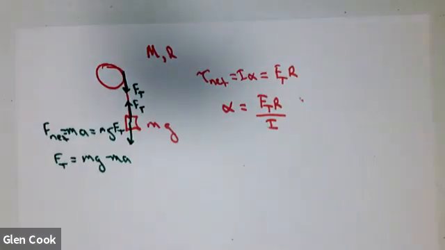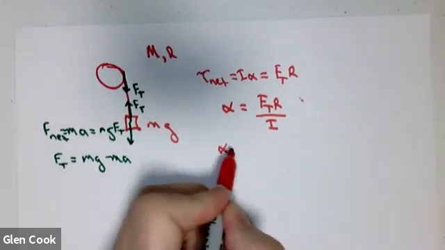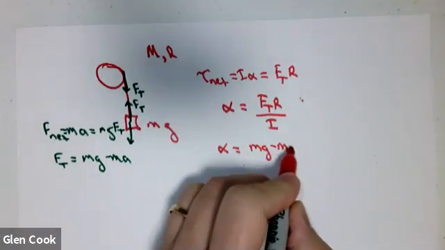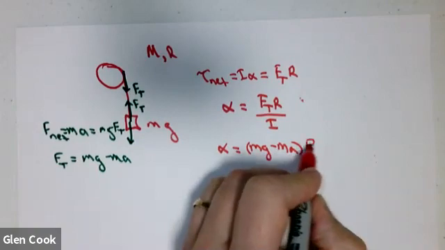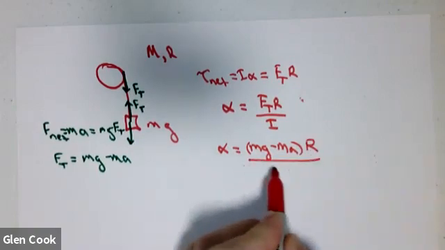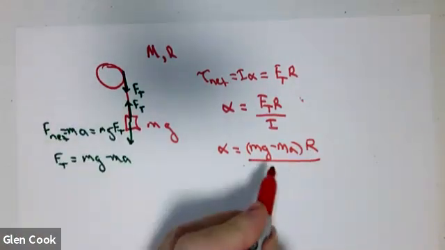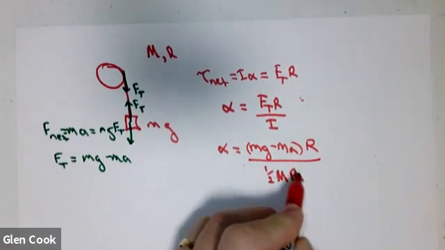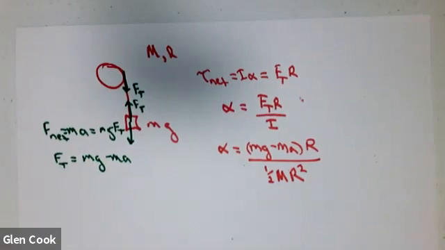And so I would replace that up here. The theoretical angular acceleration would be mg minus ma times the radius of the big wheel divided by the moment of inertia. If it's a disk, then it's 1/2 Mr squared. We can reduce this down a little bit.